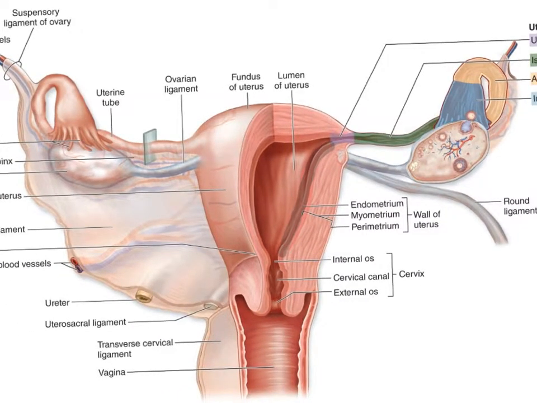That's this mounded portion right here. And then at the inferior surface of the uterus, you have the cervix and the cervical canal. There are two openings, the internal os and the external os. Those are just the openings to the inside.